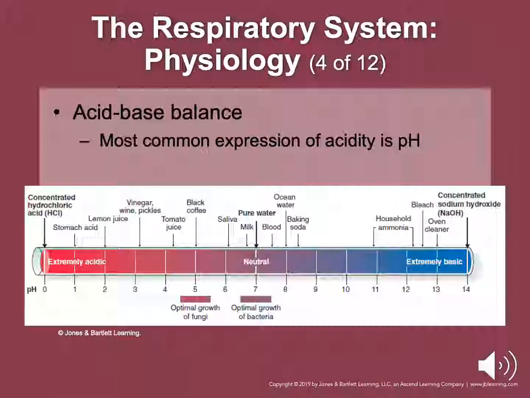When you think about acidic stuff, coffee's in the middle, saliva, milk, and blood, and then you're getting that tomato juice, that vinegar, that tangy stuff in your mouth taste. Okay, so when pH is high, the blood is alkalotic. When pH is low, the blood is acidotic.